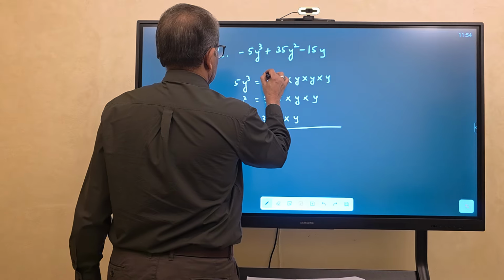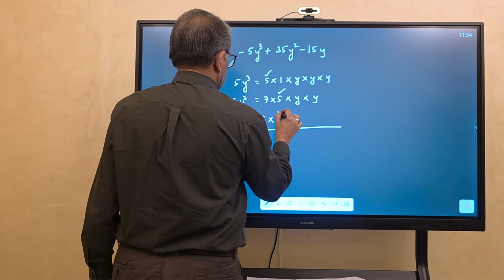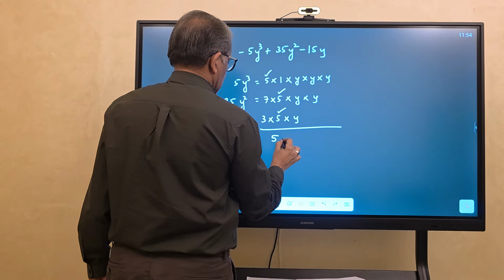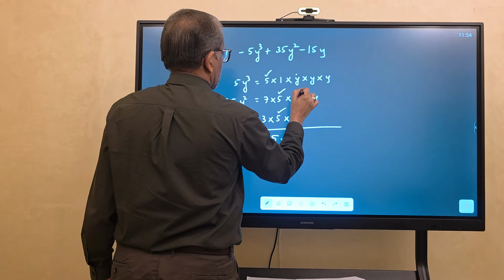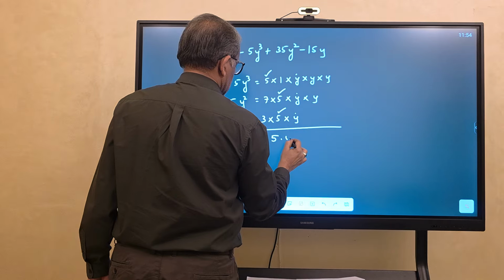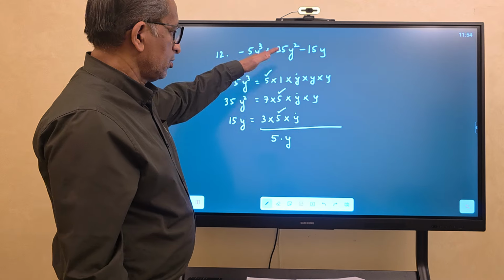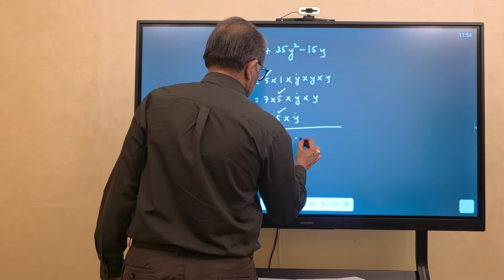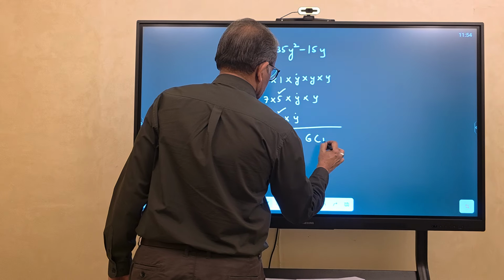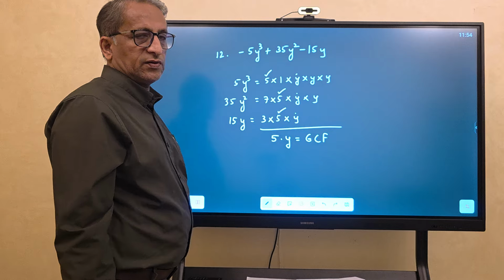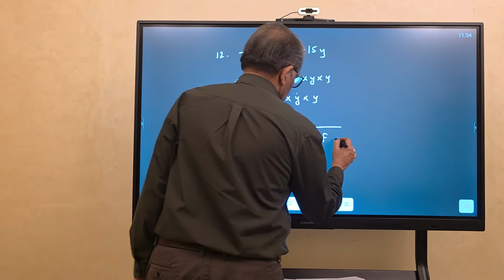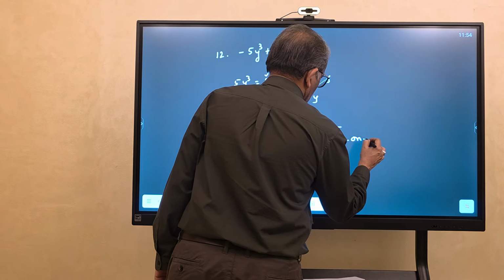Then check. We have 5, 5, 5. So that is 1. Then we have y, y, y. That's it. There is nothing else which is common in all the three. So the GCF is 5y. This GCF is one factor.